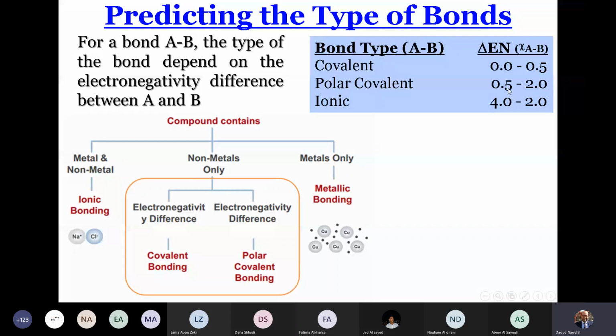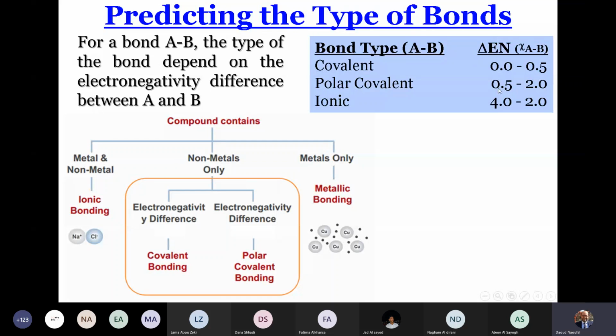If the difference is between 0.5 and 2, the bond is polar covalent. If the difference of electronegativity between A and B is between 2 and 4, the bond is ionic. So between 0 and 0.5, it can be equal to 0.5 here.